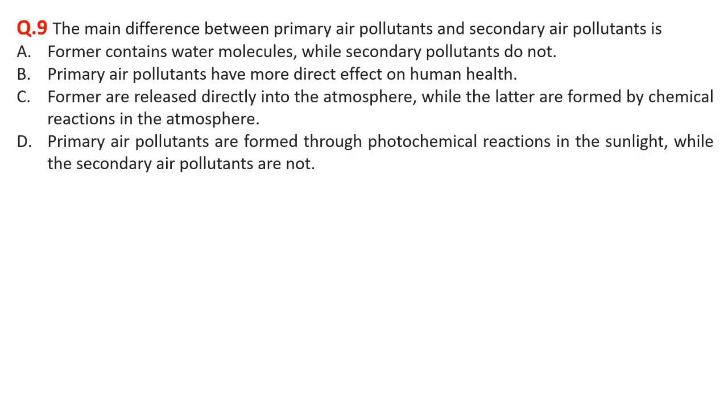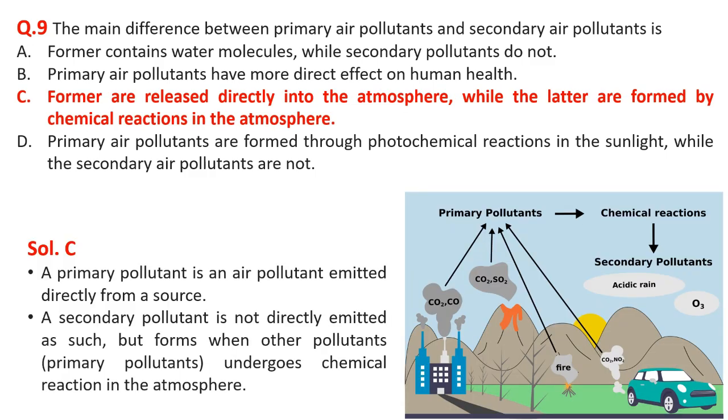The main difference between primary air pollutant and secondary air pollutant is, so very simple. Even you have studied this in environmental engineering, air pollution. The former, the primary air pollutants, are released directly into the atmosphere, while the latter, the secondary air pollutants, are formed by chemical reactions in the atmosphere.